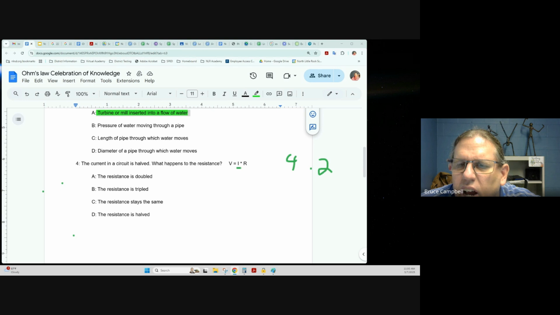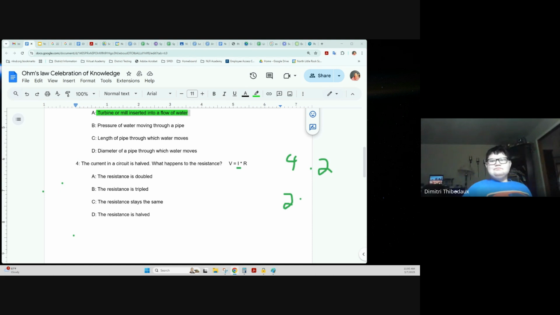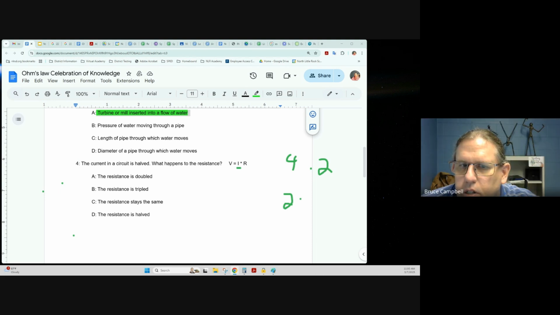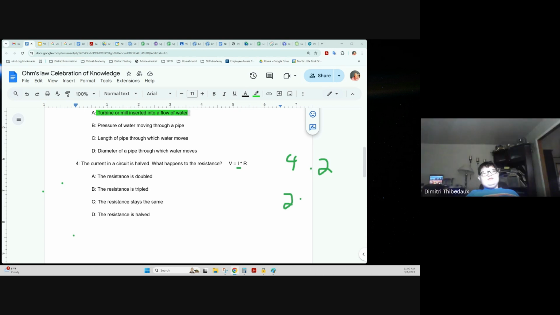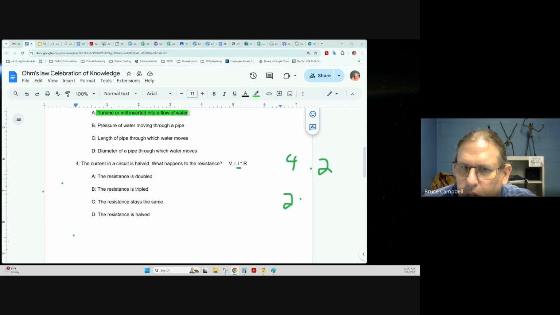So current is I, and then we go from... Current will double. No, the resistance is going to double. Everybody agree with that one?